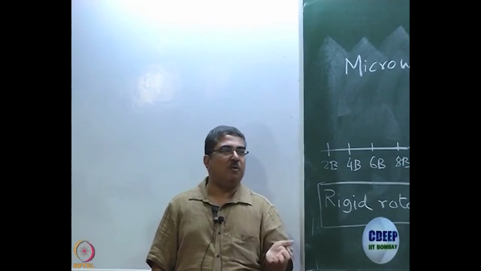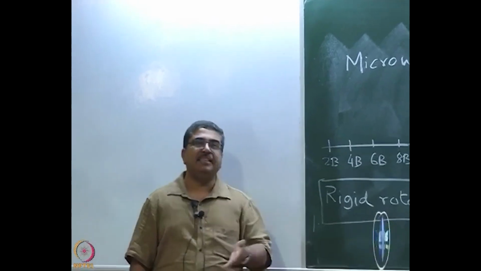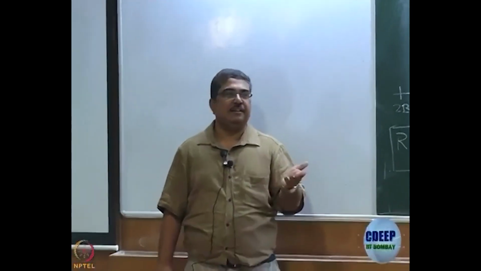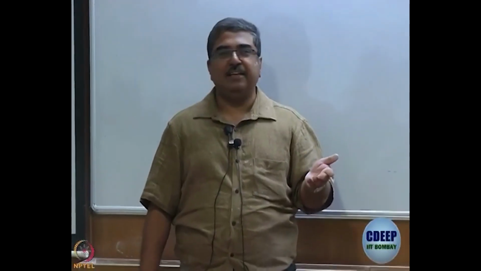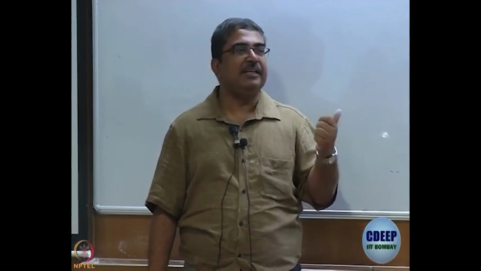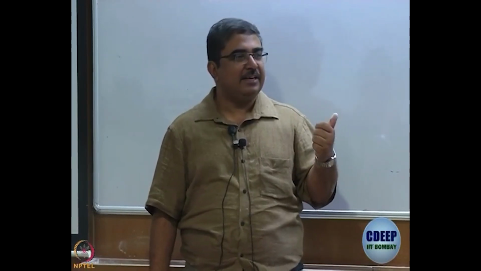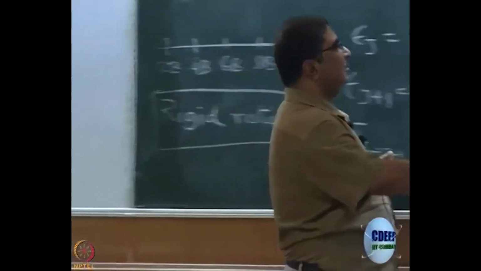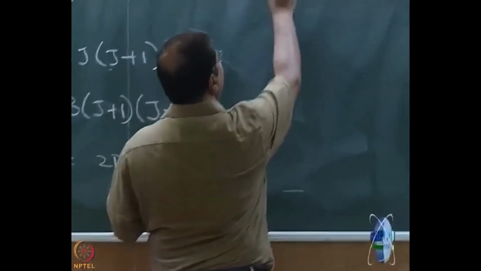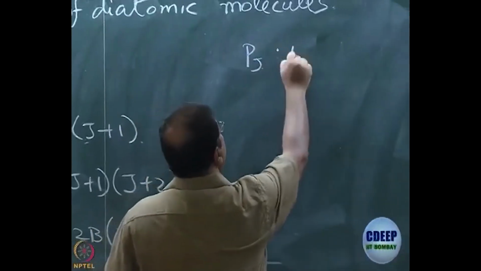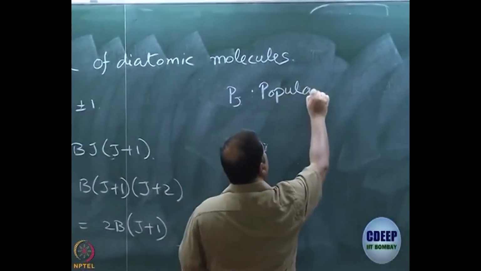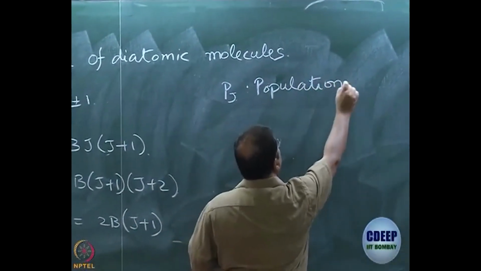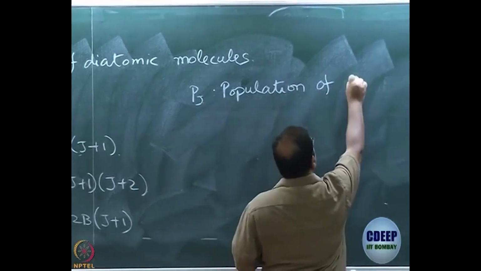If you have a line arising out of a level with a greater population, then by brute force it would be a more intense line. So, now we have to worry about the population of the Jth rotational level.